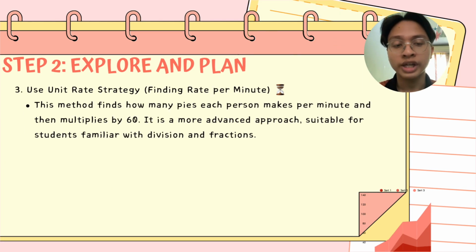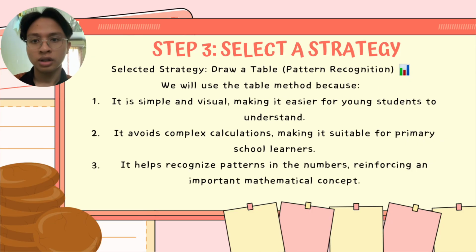Step 2. Explore and plan. We use the unit rate strategy to find the rate per minute. This method finds how many pies each person makes per minute and then multiplies by 60. It is a more advanced approach suitable for students familiar with division and fractions. Step 3. Select a strategy. So we need to select a strategy.